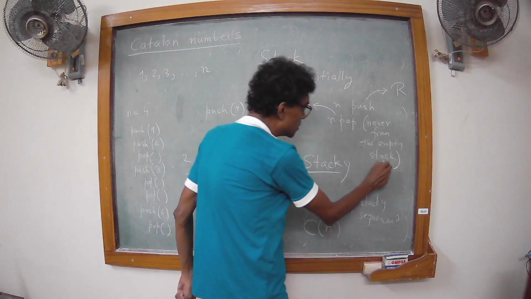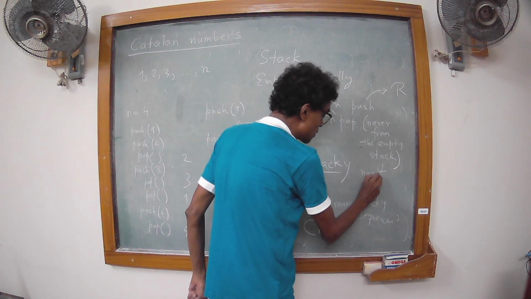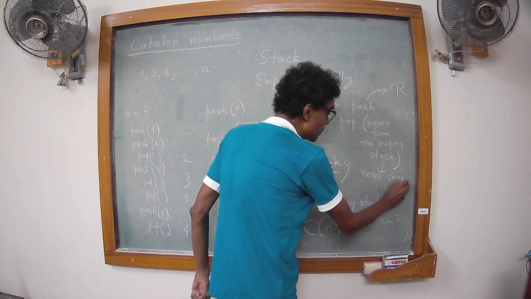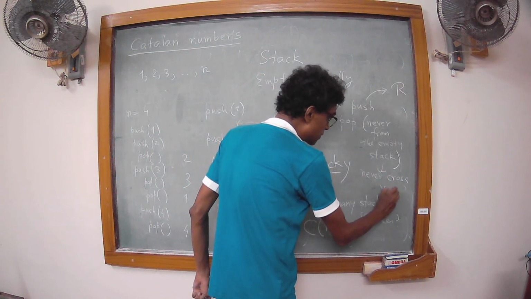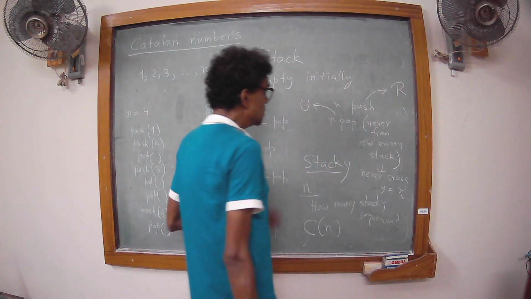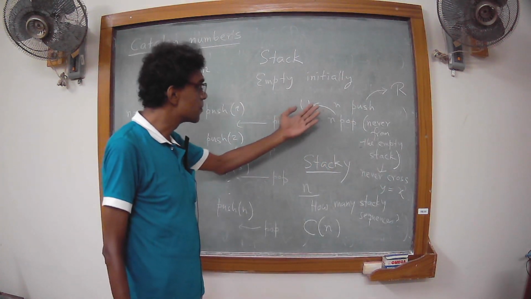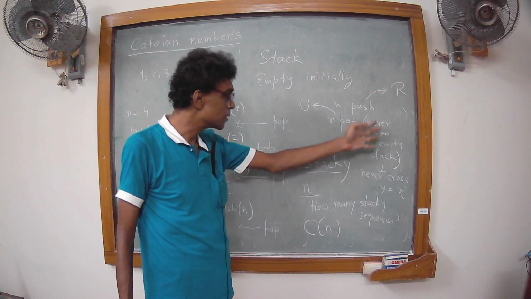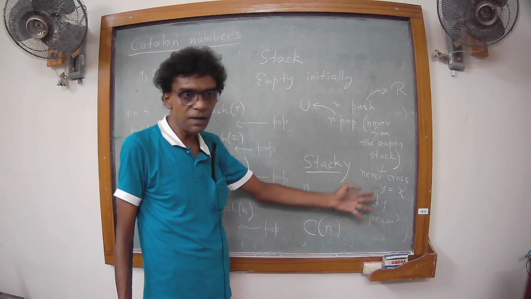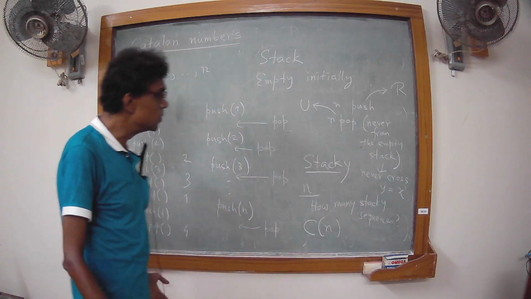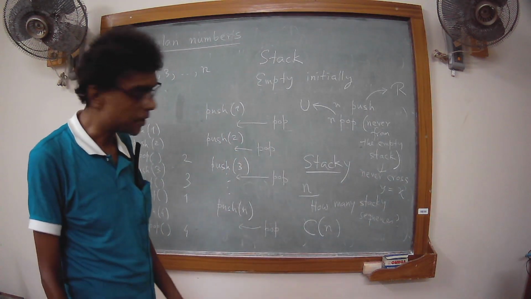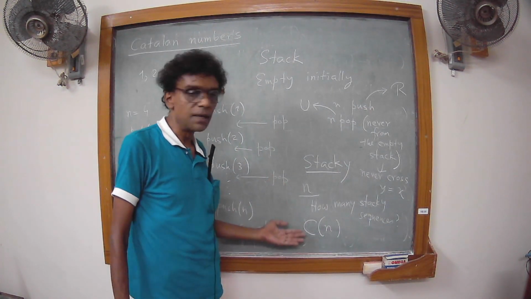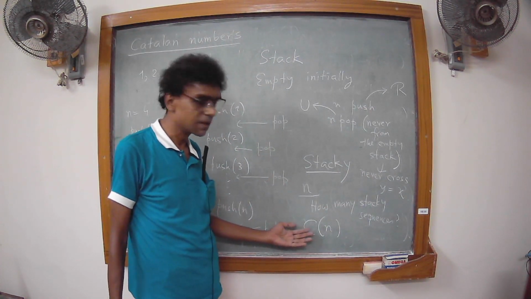So, this says never cross y equal to x. With this identification of pushes with right movements and pops with up movements, along with this extra condition, the count of stacky sequences for a general value of n is exactly equal to the nth Catalan number.